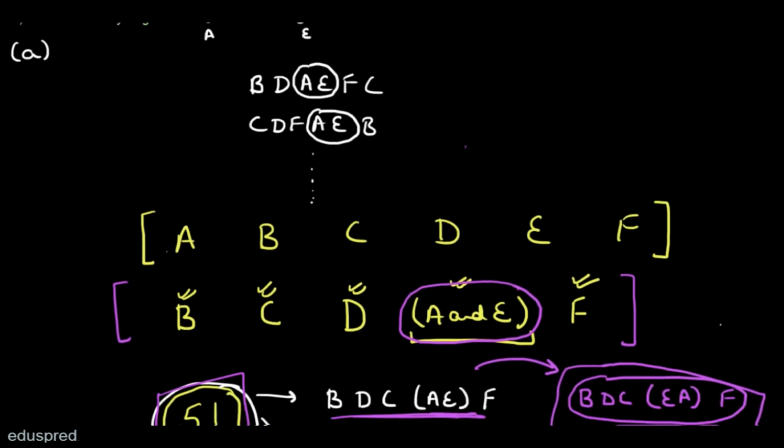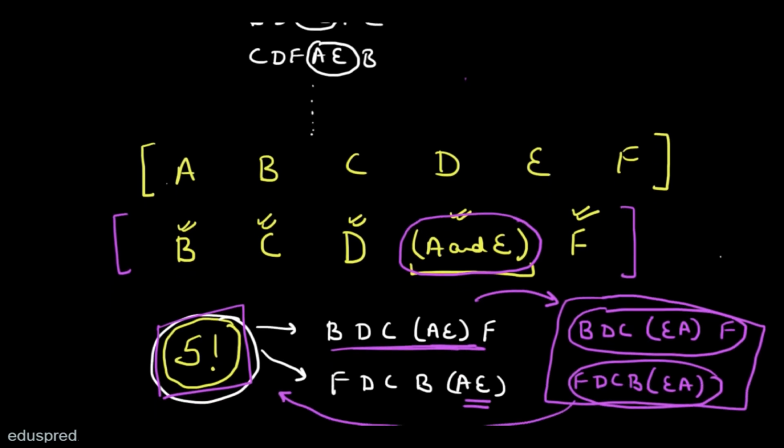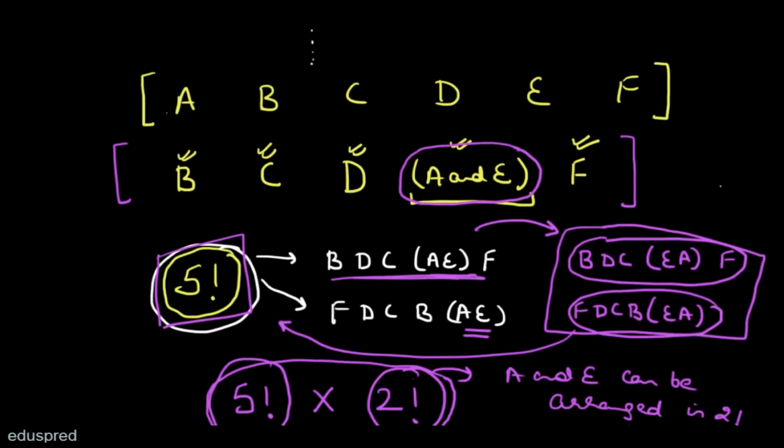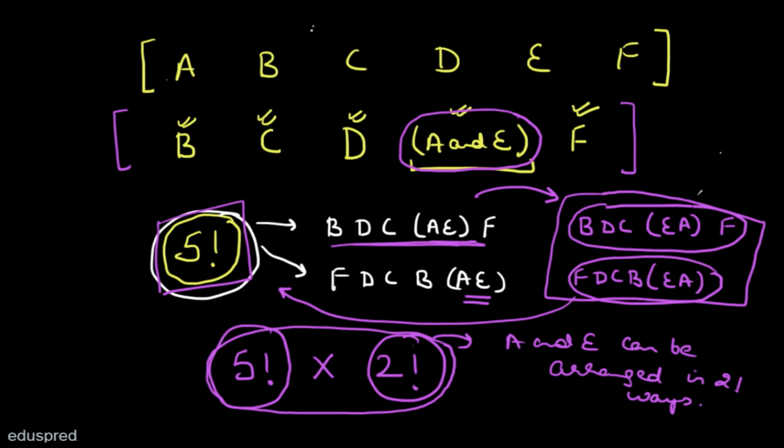Well, this is simple now because the condition in part B says that A should come before E. That means we cannot have these kinds of arrangements. We can have this and we can have this, but now because A should come before E, these two and similarly the other outcomes in which we have E before A are not a possibility now.